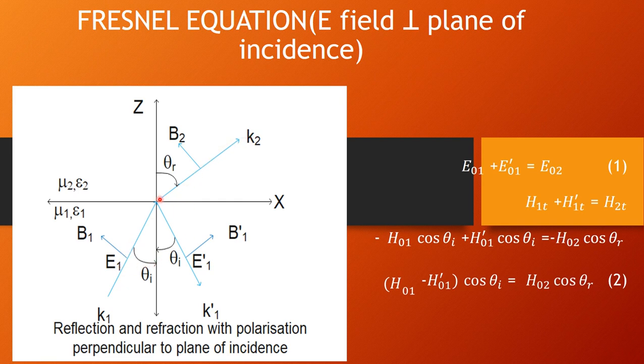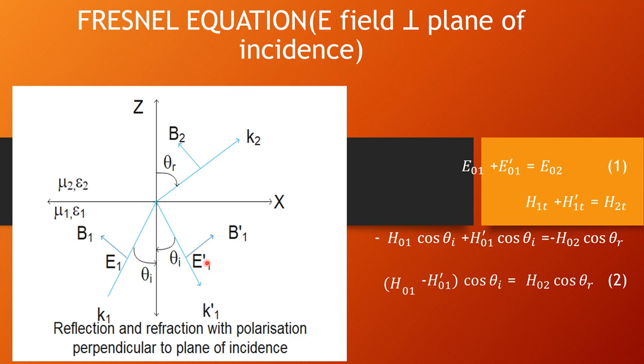Now each wave has field vectors, that is E1 and B1 for the incident wave, and the vector B1 or H1 is along this direction, and E1 is perpendicular to the plane of incidence. As the medium is isotropic, E1 dash and B1 dash and E2 and B2 are also perpendicular.